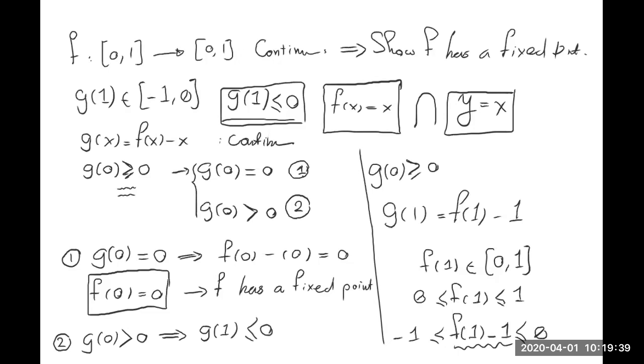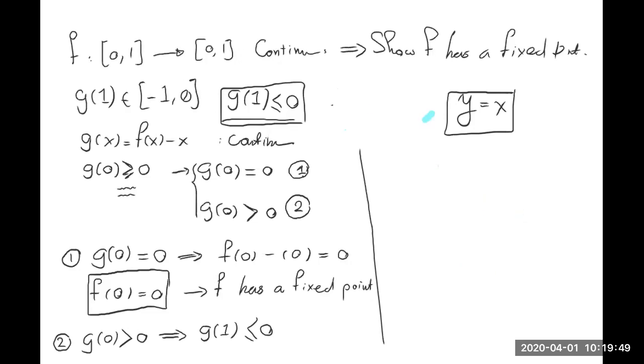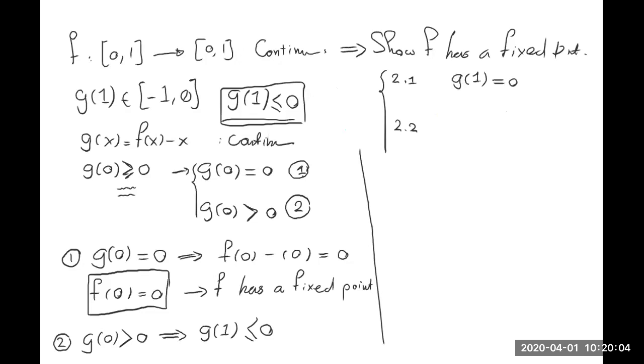But again, being less or equal to 0, there are two different cases. Either g of 1 is equal to 0, or it's strictly less than 0. We should consider both of these cases. Let's call them 2.1 and 2.2. The first case is where g of 1 is equal to 0, and the second case is where g of 1 is less than 0.